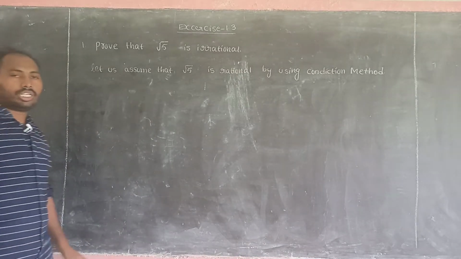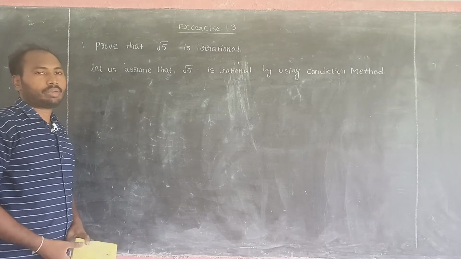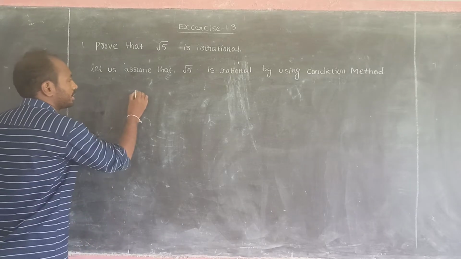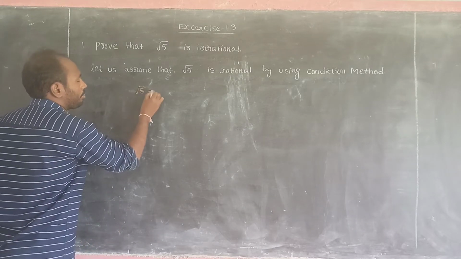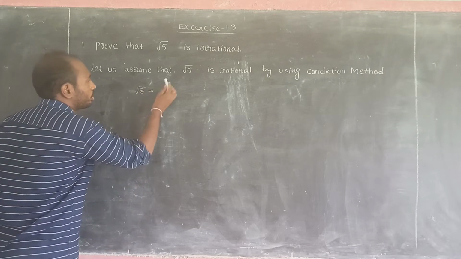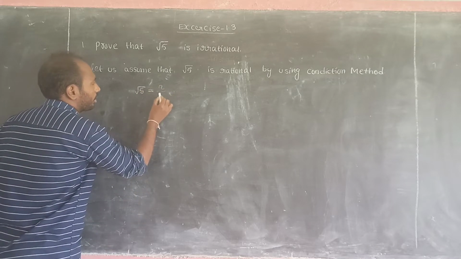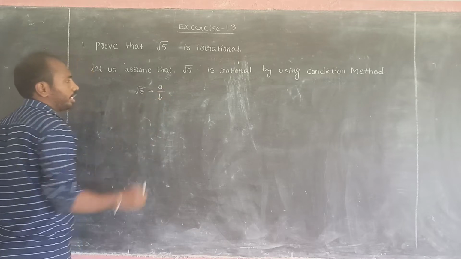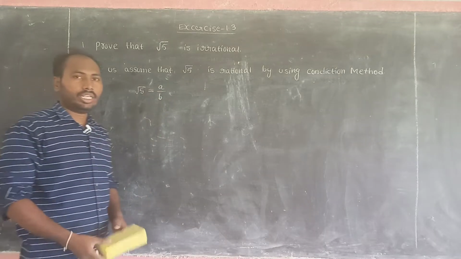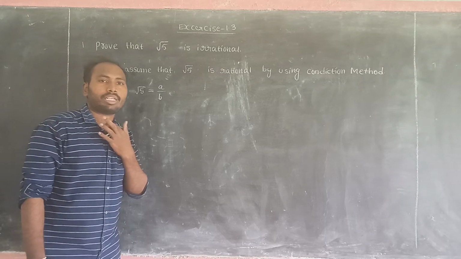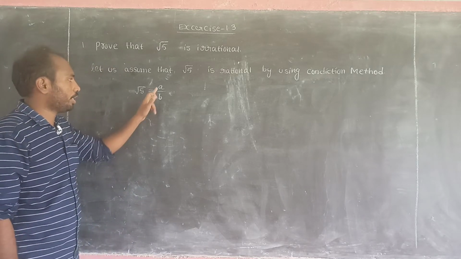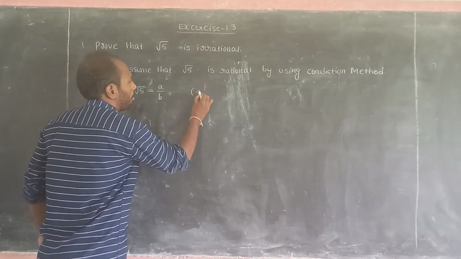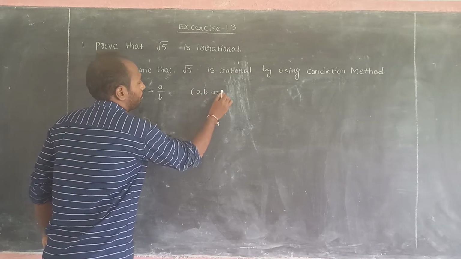So, what is a rational number? A number which can be expressed in the form of P by Q. So root 5 is written in P by Q form; I am taking A by B form. Root 5 is equal to A by B, because we assume root 5 is rational. Every rational number can be expressed in the form of P by Q, where A and B are co-prime.